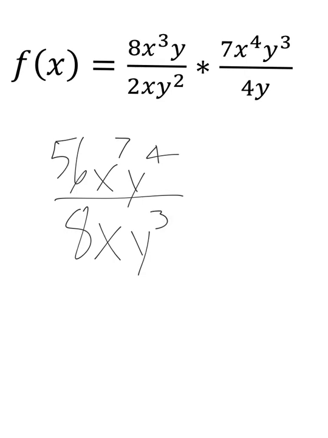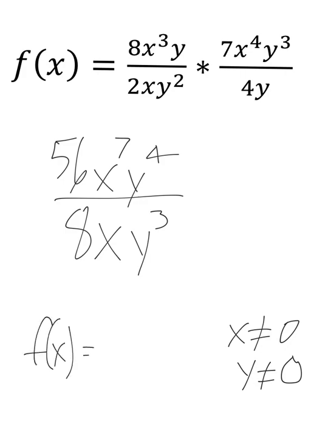So at this point, I want you to identify where the asymptotes are. And so it's just multiplying on the bottom. So you can't multiply by 0. If you did, everything would go to 0 on the bottom. So I'm going to say x can equal 0 and y can equal 0. And then as far as my function answer goes, well, let's just divide. What's 56 over 8?